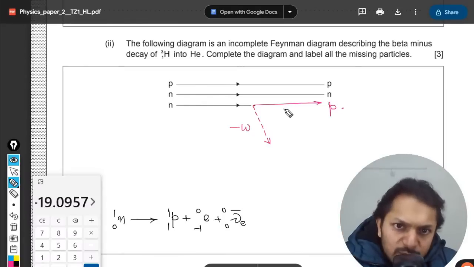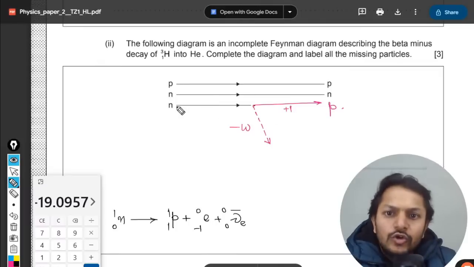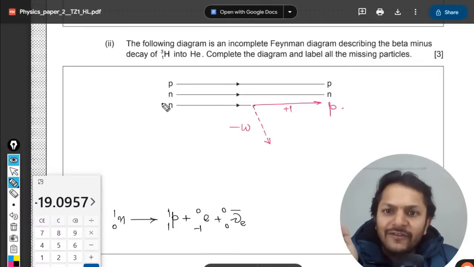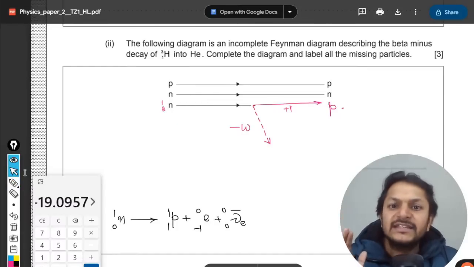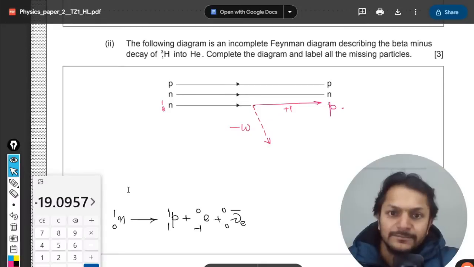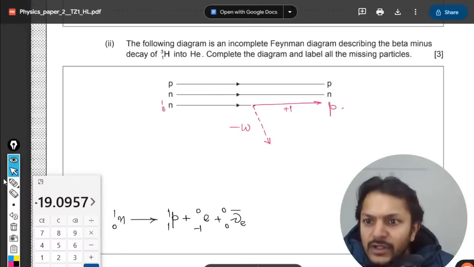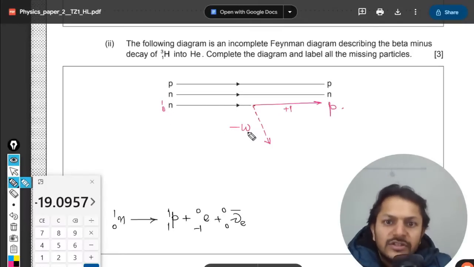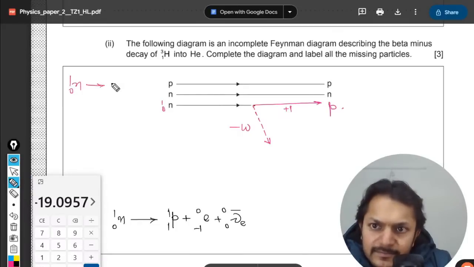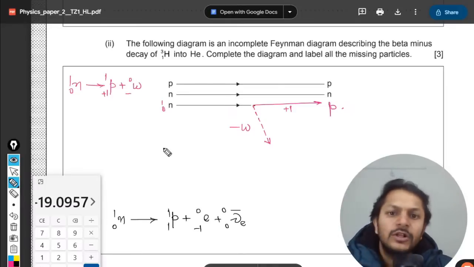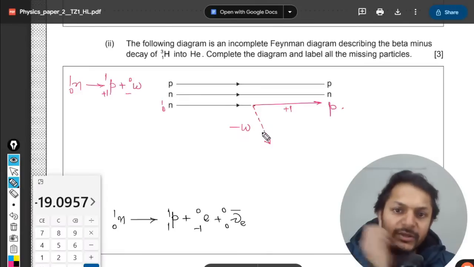The proton is becoming positive. Before the reaction the neutron is a neutral body, so after the reaction the total charge must also be neutral, so this is W minus. We can write this reaction like this, plus W minus with mass number 0. So this is the charge conservation principle.